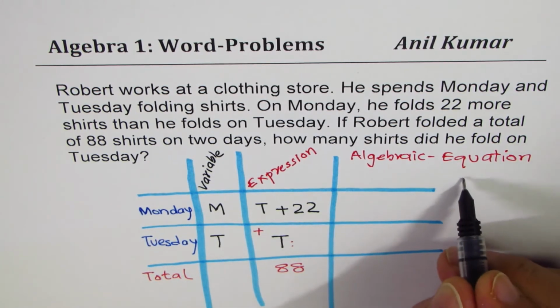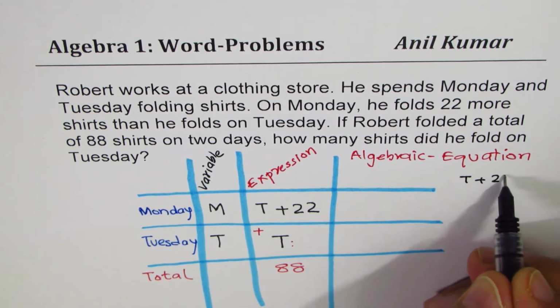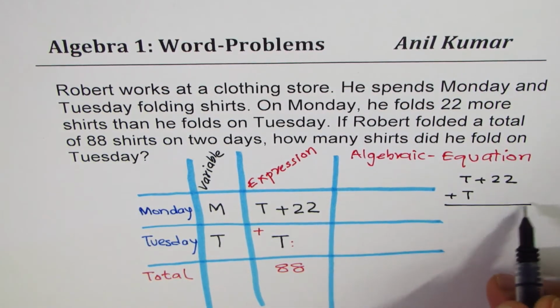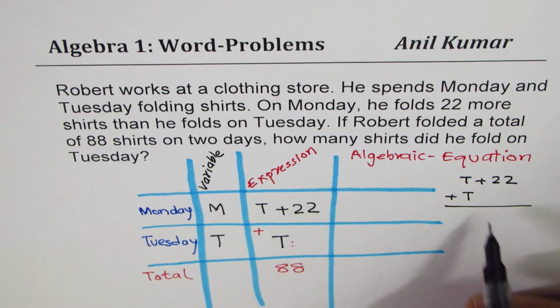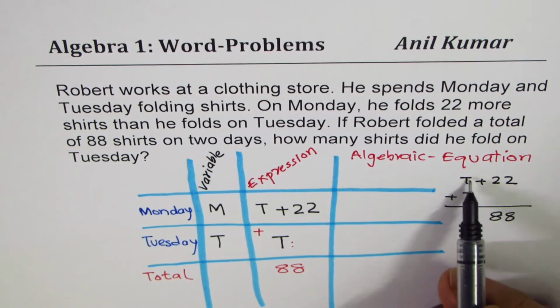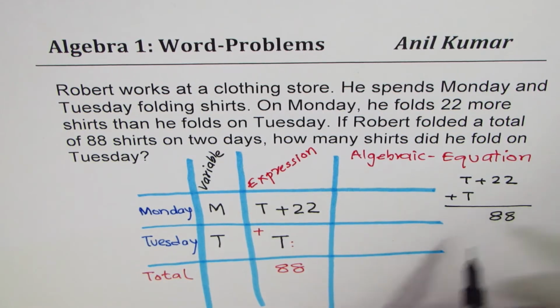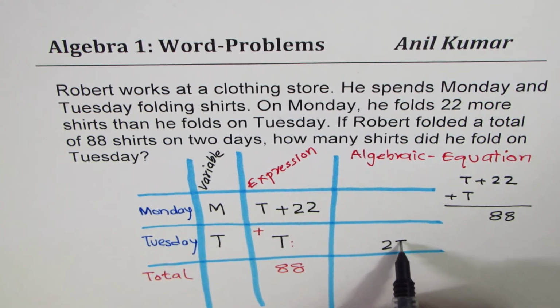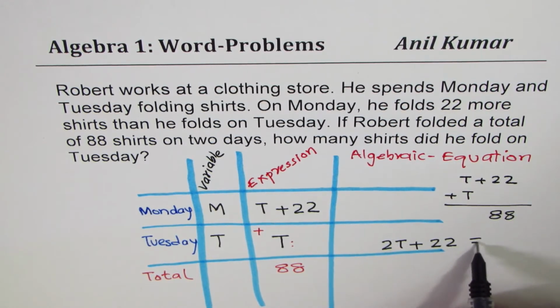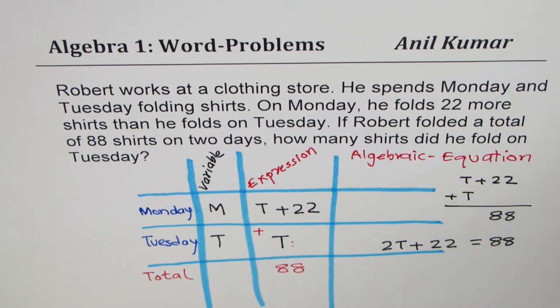If I add T plus 22 with T, we should get the number 88, right? So that is the equation. T plus T is 2T. So let's rewrite this as 2T plus 22 equals 88. Are you getting my point?